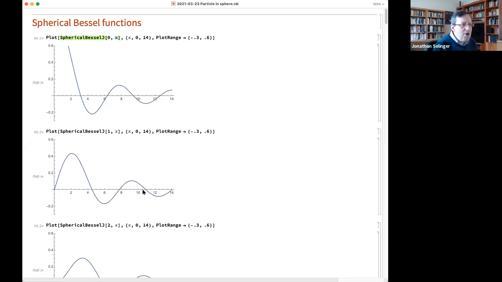Now, suppose L equals 1. So we're working with this function right here. We want a boundary condition right at the surface of the sphere. That means the surface of the sphere could be at this point where the function goes to 0, or this point, or this point, or this point.